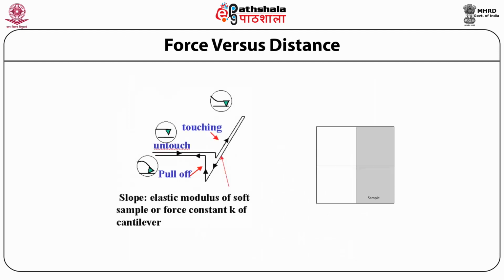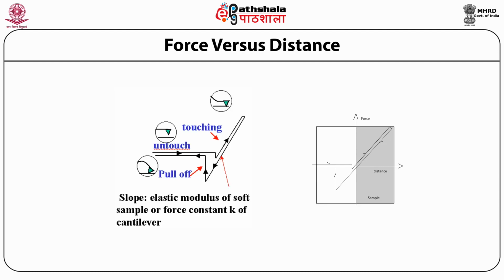This is the flow chart of force versus distance. When we change the force, the distance moves from one to another. On the right side, the graph comes out this way, and on the other side it gives a graphical representation.